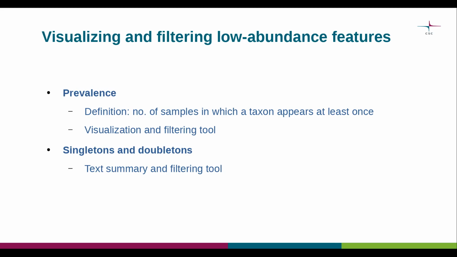In Chipster, it is possible to visualize taxon prevalences and apply a prevalence filter using a user-specified percentage threshold. There are also options for tabulating singleton and doubleton abundances as a text summary, and for removing singletons and doubletons from the phyloseq object.